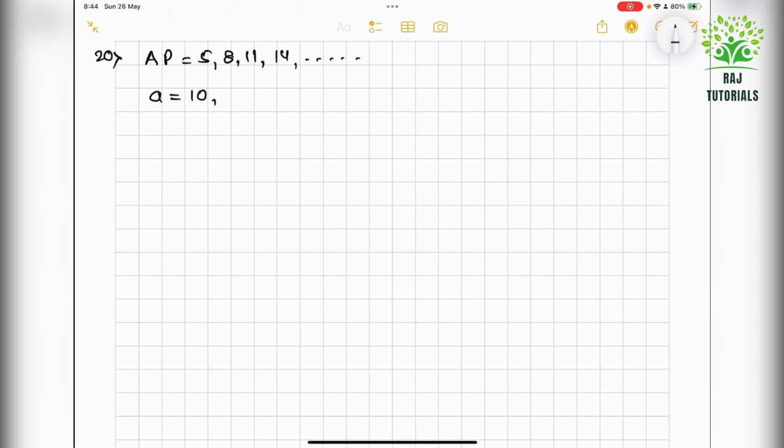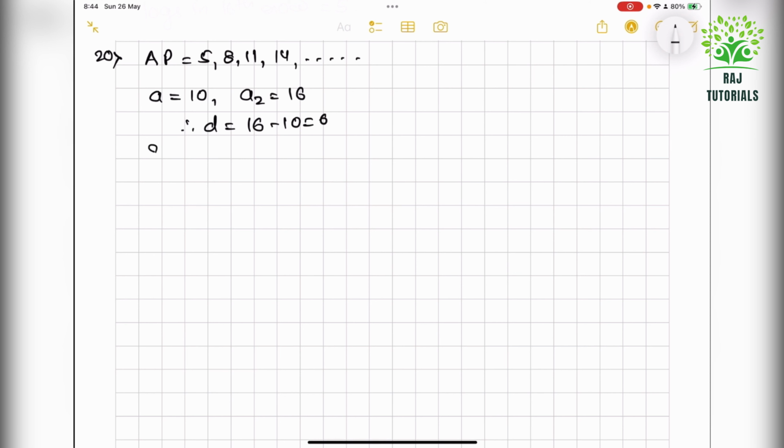Then second, she goes 8 meters and comes back 8, so a2 will be 16. Therefore d will be 16 minus 10, that is 6.